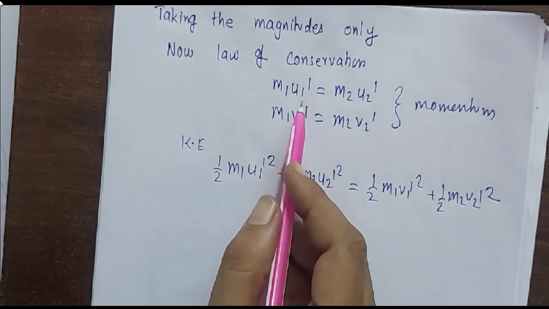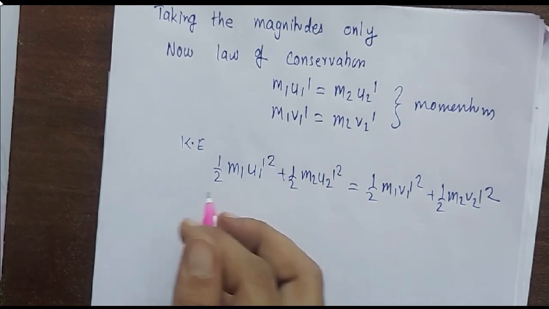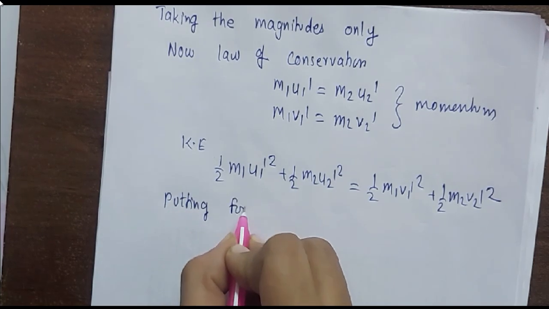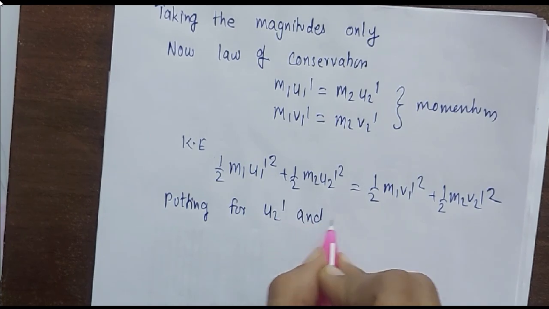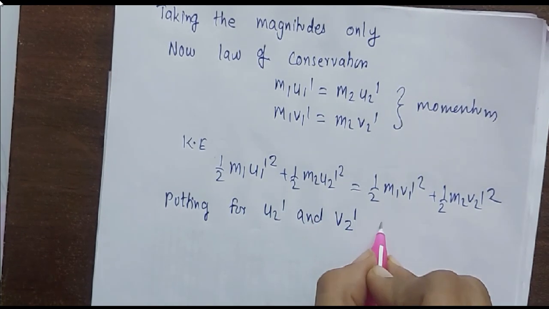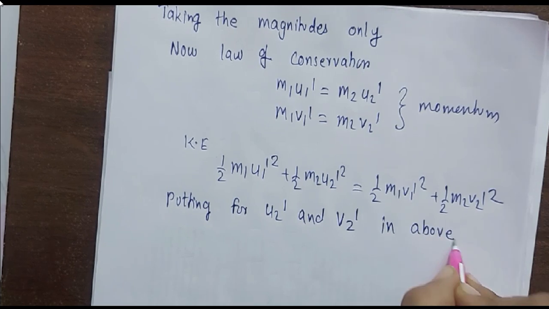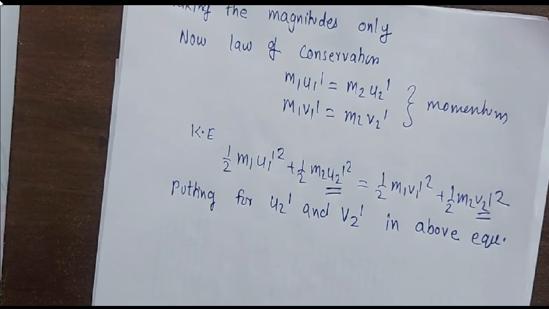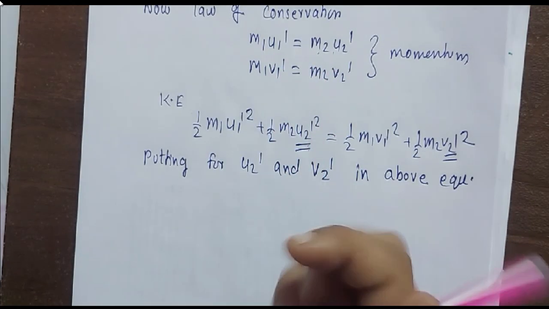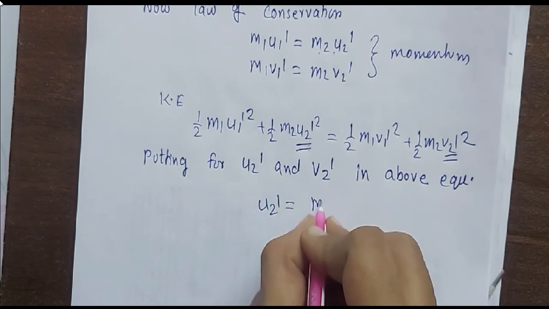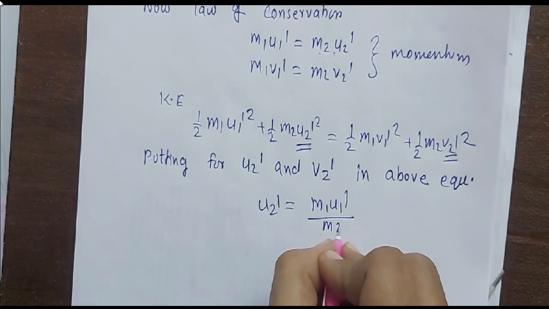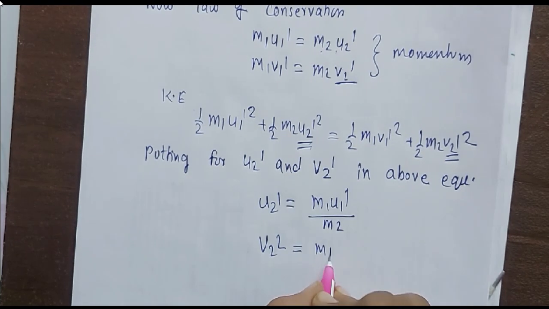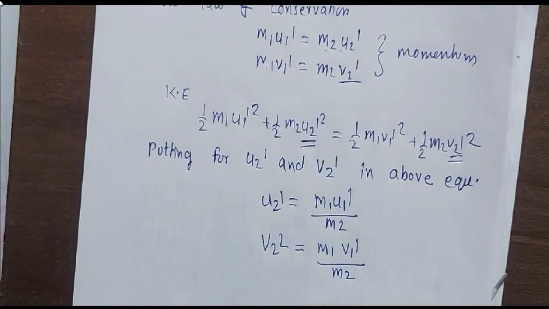Now we will put from this equation u2 dash and v2 dash in the above equation. From this equation, u2 dash is equal to m1 u1 dash upon m2 and v2 dash is equal to m1 v1 dash upon m2.